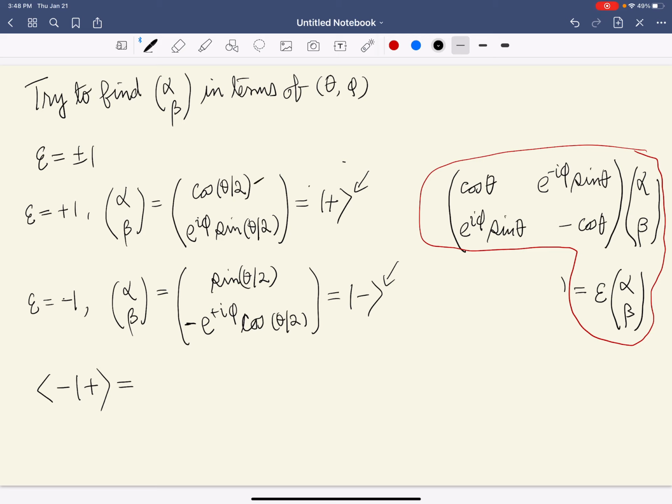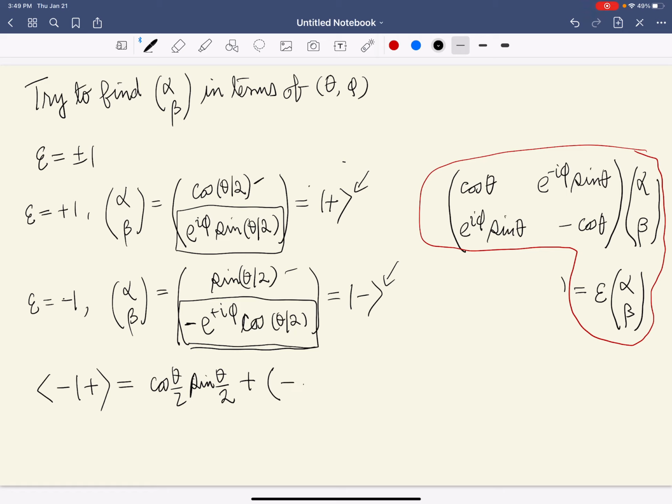First, I multiply their first elements respectively, which will give me cosine half theta, sine half theta, plus, now I'm going to take a complex conjugate of this element and multiply that with this element. So if I take the complex conjugate of this, then it's minus e to the minus i phi cosine half theta. And then I'll just borrow this expression over here.